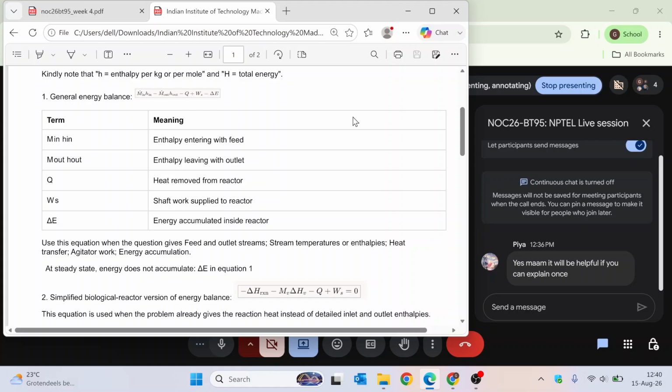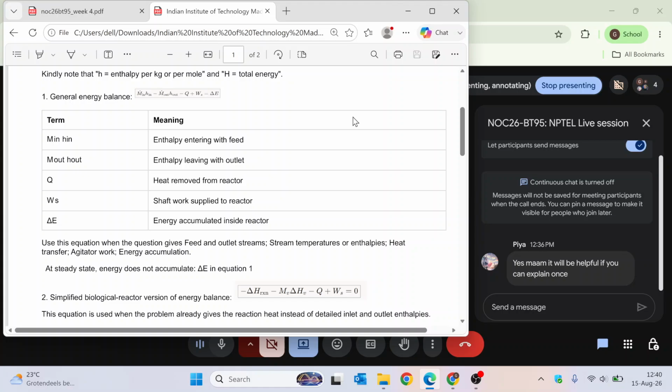The mass in times H in is the energy that is getting into the system. The mass out and the H out is again coming out of the system, Q is the heat removed from the system, and Ws is the amount of work, the power that you give for the shaft to rotate. Because you give some power and the shaft is rotating, there is some heat liberated. But you are giving an energy input, so the shaft work supplied to the reactor is Ws.